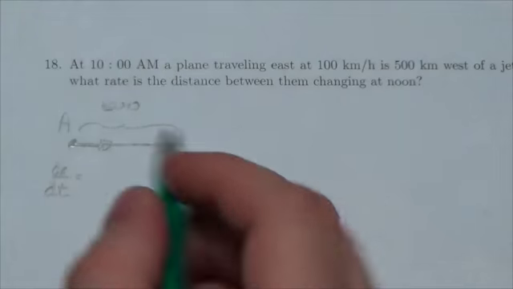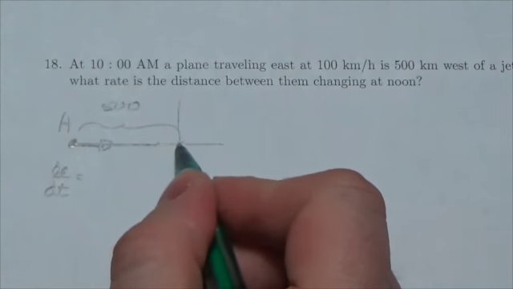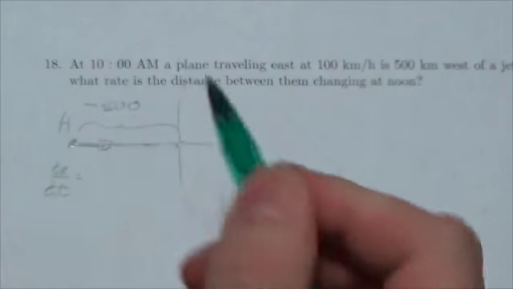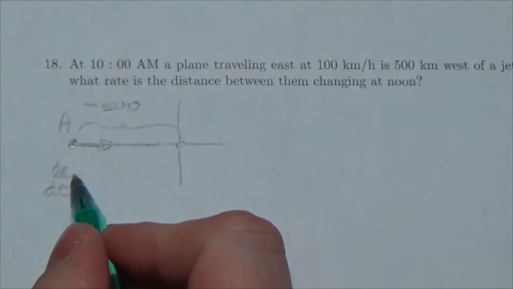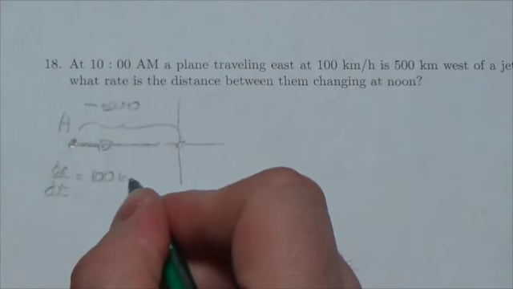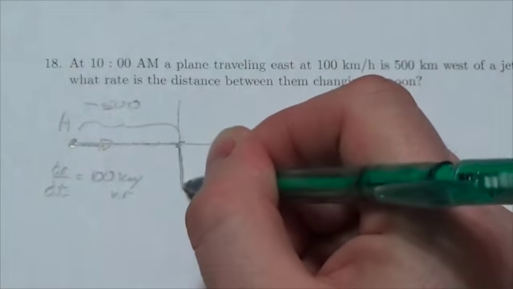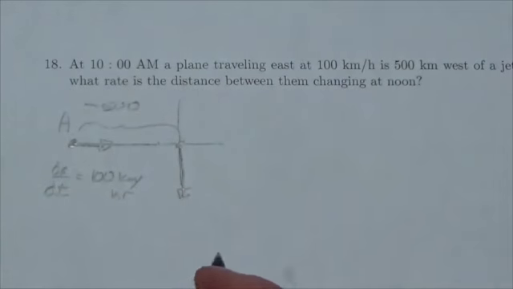I'll make the axis here and call this distance negative 500, and dA by dt, because it's traveling east, will be positive 100 kilometers per hour.